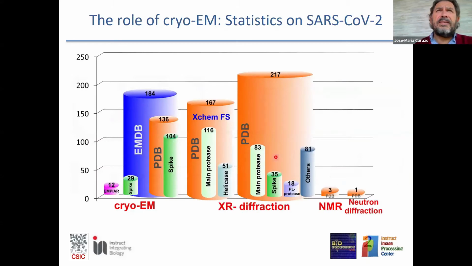Well, in structural biology, we have quite a tradition of databases. In the case of cryo-electron microscopy, we have EMDB, and EMDB, as of the beginning of November, had about 200 maps. From these 200 maps, the resolution of about 140 was good enough to make structural models. And most of them were related to the spike for two reasons.